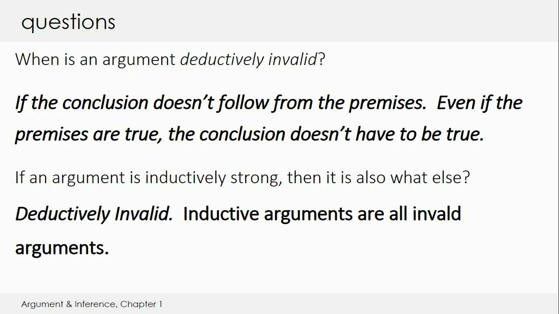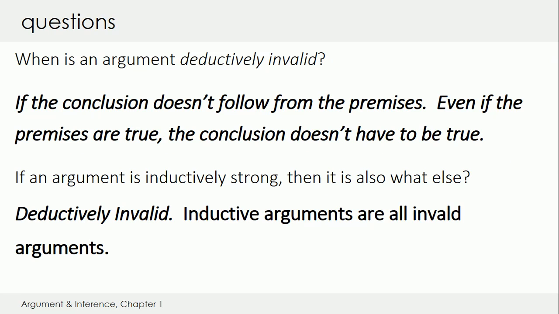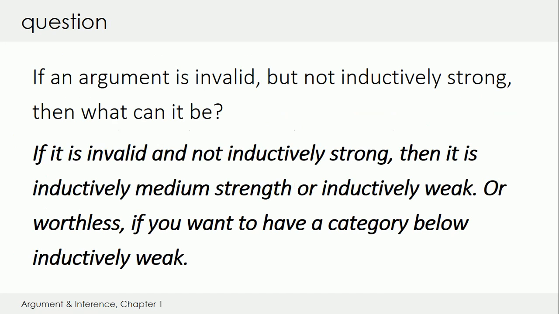Validity has to do with the structure of the argument, not the truth of it. If an argument is inductively strong, then we know it is also deductively invalid. So inductive arguments are all invalid arguments, but again, that doesn't mean they're bad at all, since most of our arguments are invalid arguments that are good inductive arguments. All right. So if an argument is invalid but not inductively strong, then what can it be?